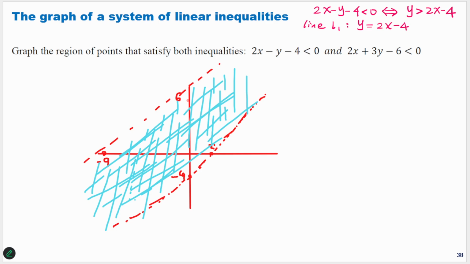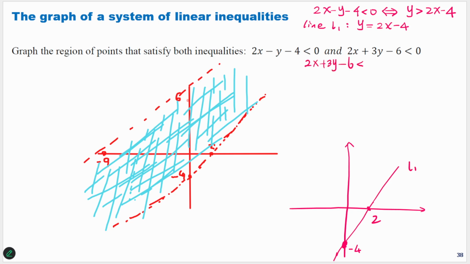And okay, I'll write it here. So in my graph, first I'll graph the first line, 2x minus 4. Well, x equals 2, y equals 0. So this is negative 4, this is 2. That's our first line, right? And for the second one, 2x plus 3y minus 6 is less than 0.